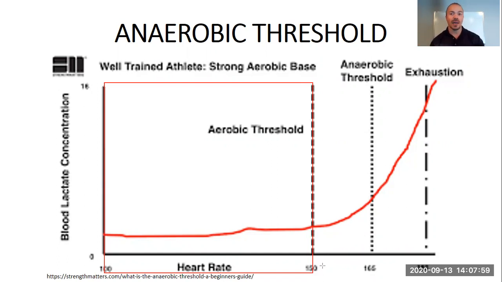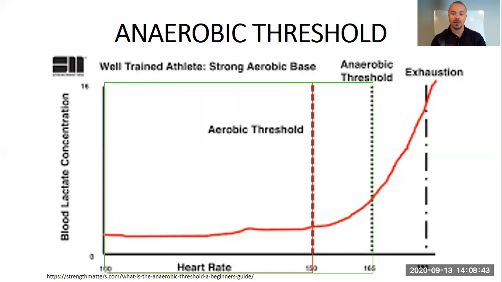For a trained individual who's not having perhaps acute muscle fatigue and is able to produce longer bouts of work, your aerobic threshold is essentially going to be 150 heart rate beats per minute or less. And you'll be using a certain energy system there. You'll be using glycolytic and oxidative, right? If we remember those from our past conversations.